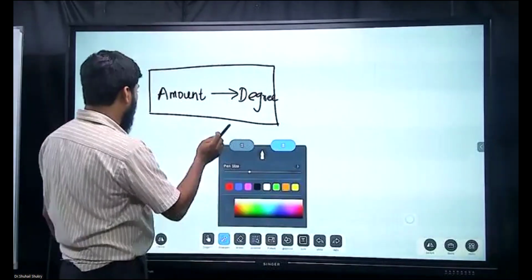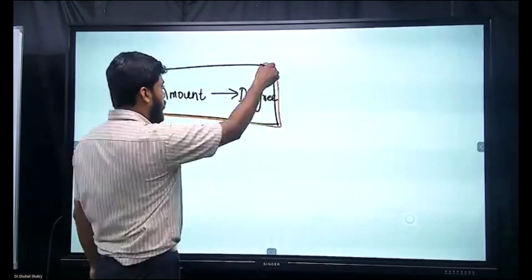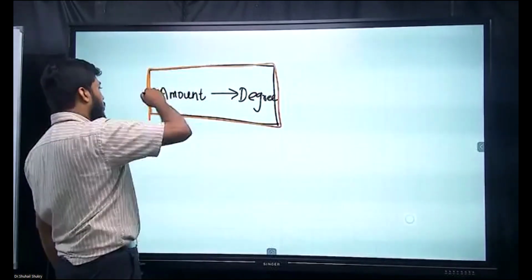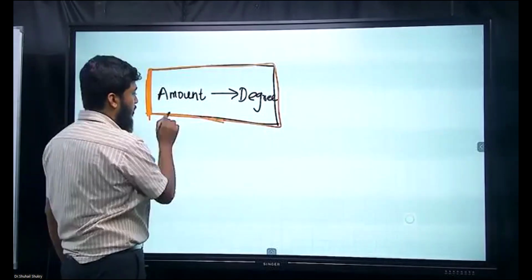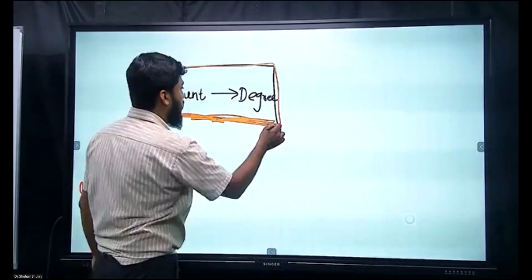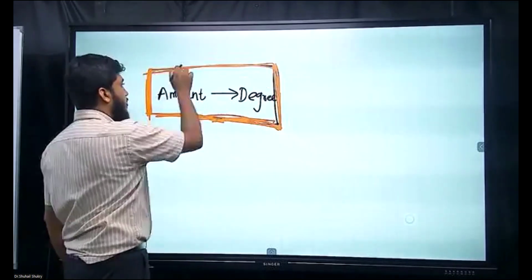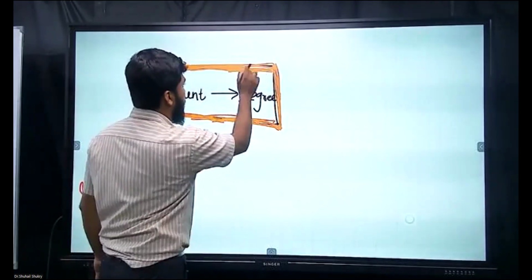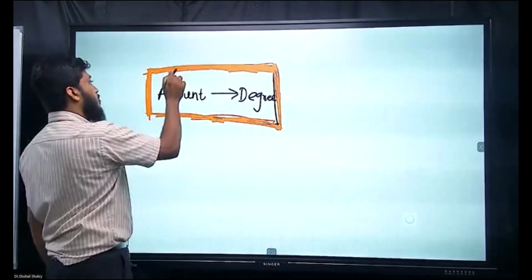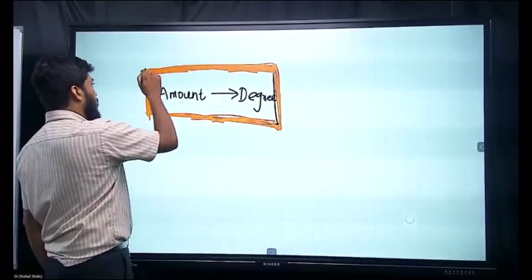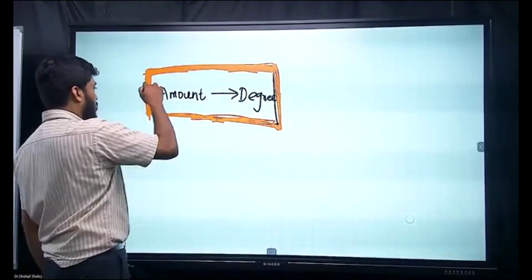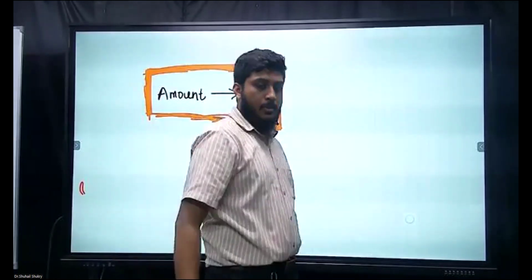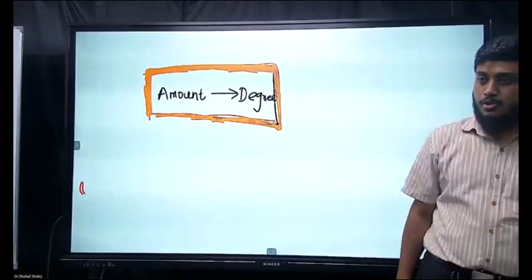We'll imagine this is gold color. Right. And this is the amount and degrees golden box.